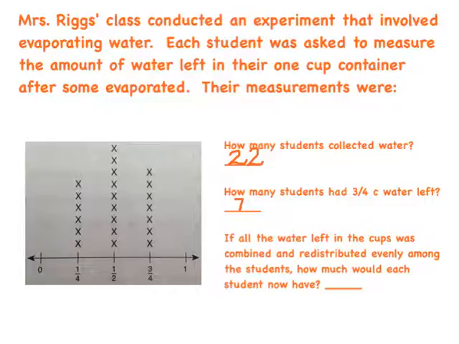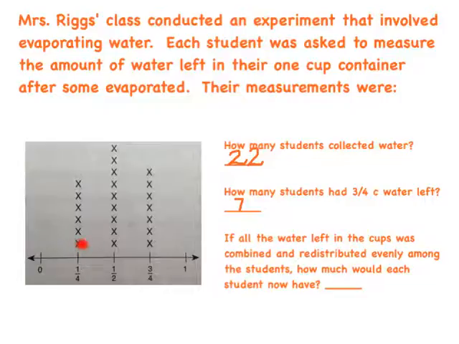My next question says, if all the water left in the cups was combined and then redistributed evenly among the students, how much would each student now have? What this means is, if I took all the water left in all of these cups and poured it back into a pitcher, and then said, okay, let's share this water so everyone has the same amount in their cups.